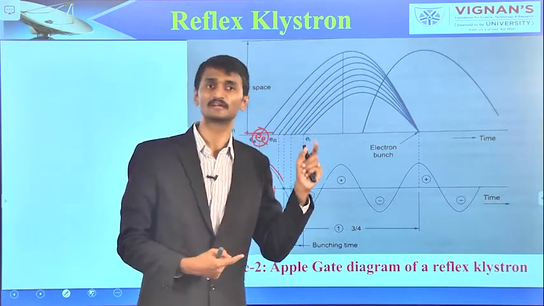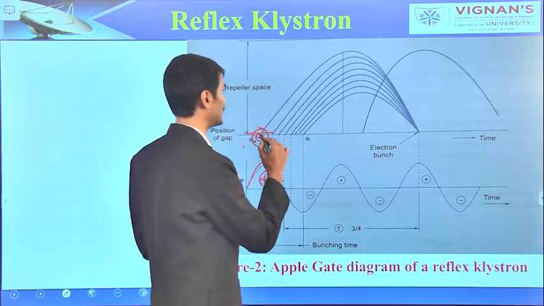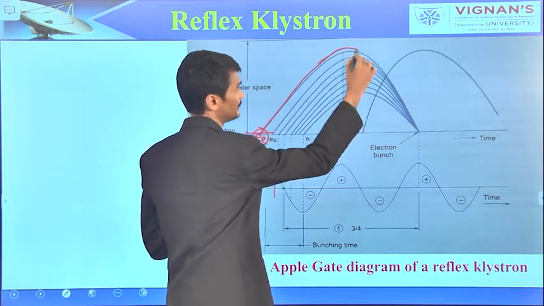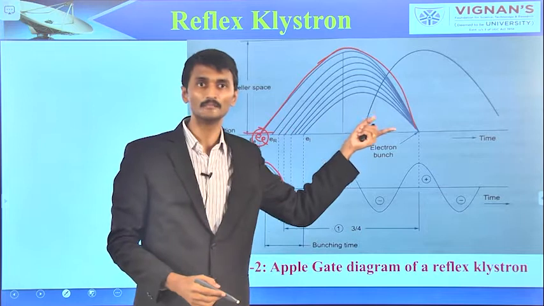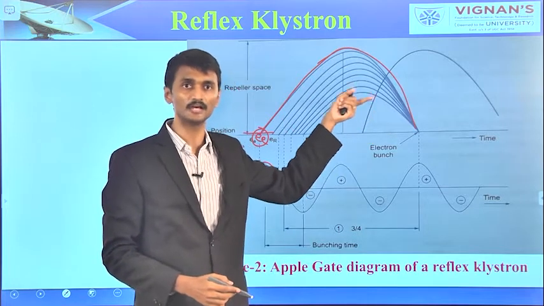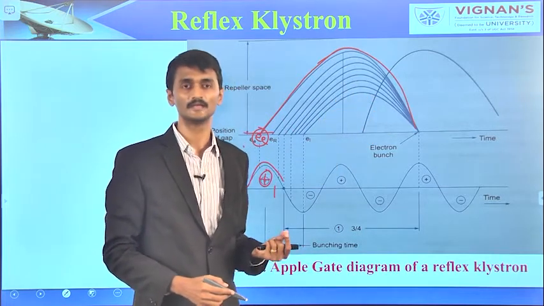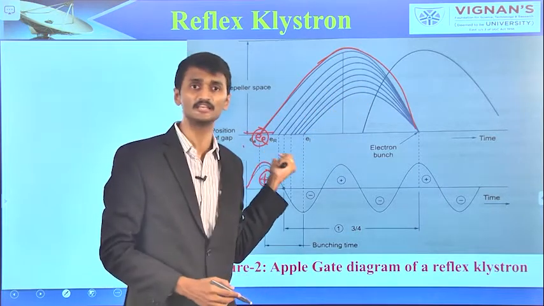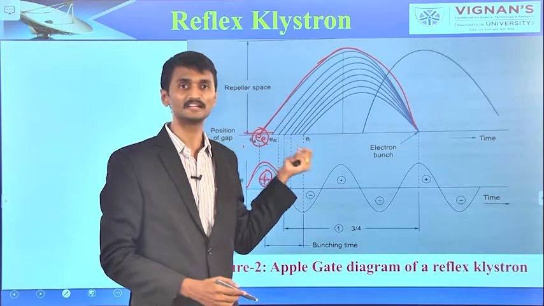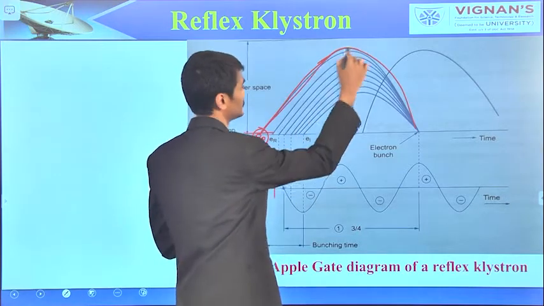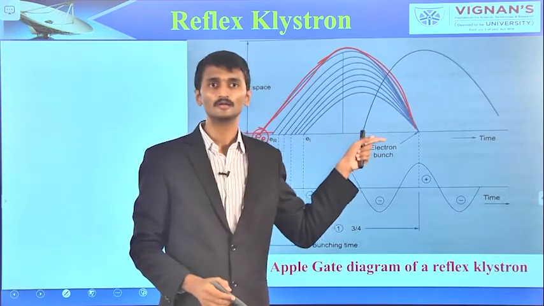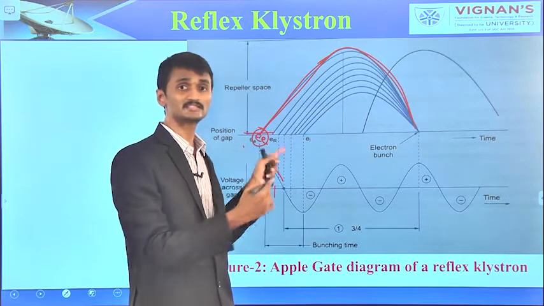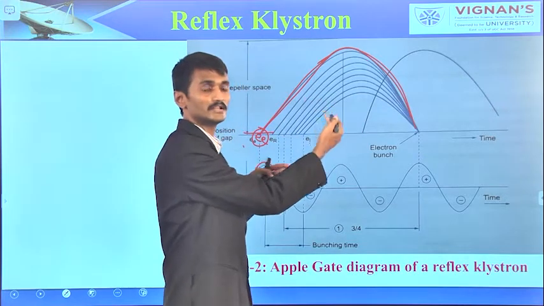So it moves with greater velocity and penetrates deeper into the repeller space. So the return time for the early electron is greater, because the depth of penetration is more, as it is going deeper into the repeller space.